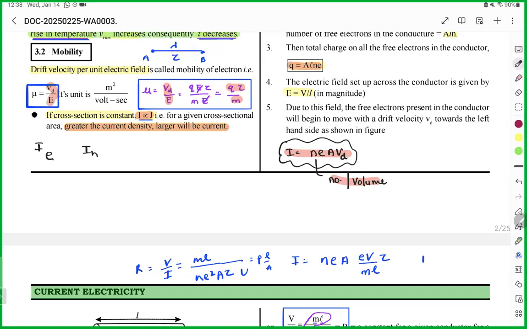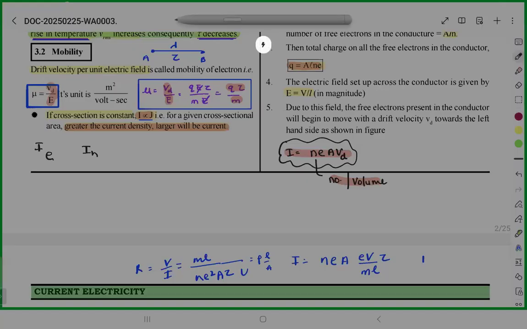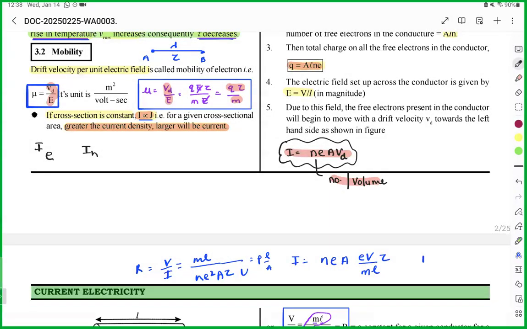So which one will be more? Who will tell me, Jordan? Yes, sir. Which one will be more, mobility of electron or mobility of hole? Mobility of electron will be more. Why?